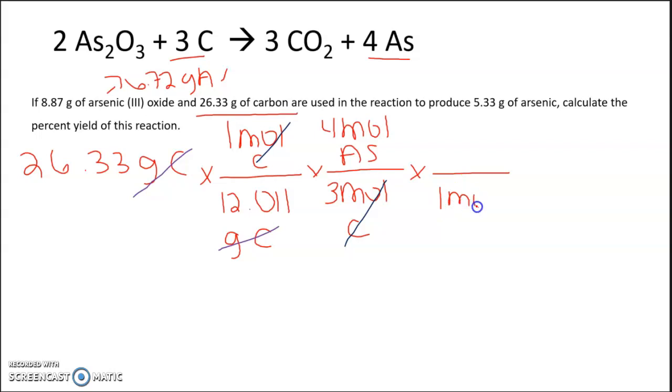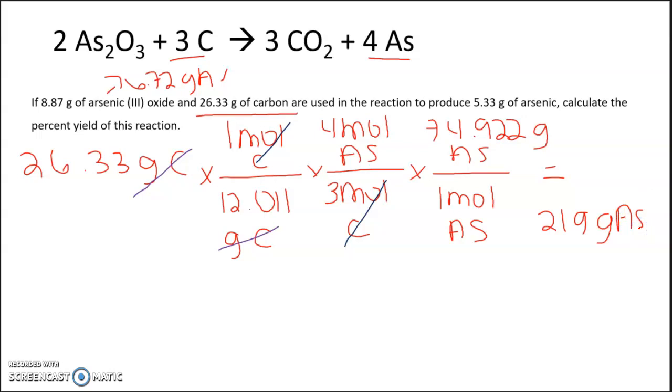And again, when you go from mole to gram, it is always a 1 right here. The only time we use coefficient is the mole ratio. And that was 74.922 grams of As. And then when we do that, we get about 219 grams when you type that into your calculator.